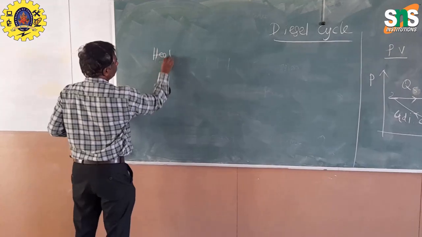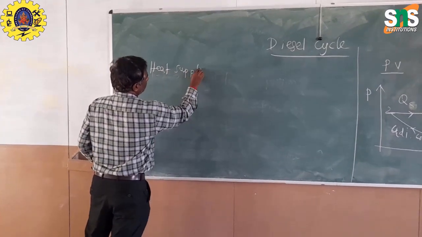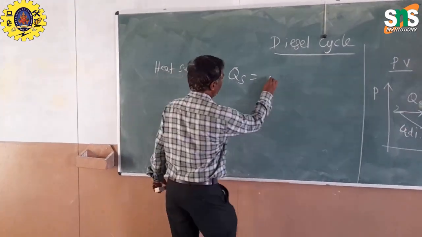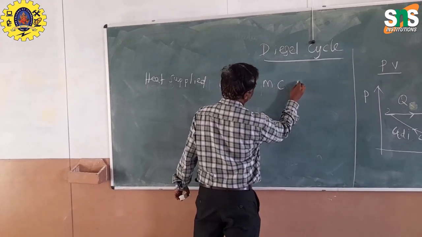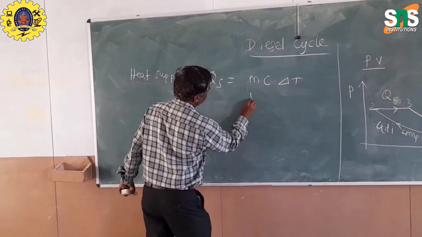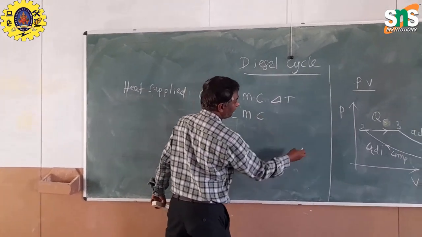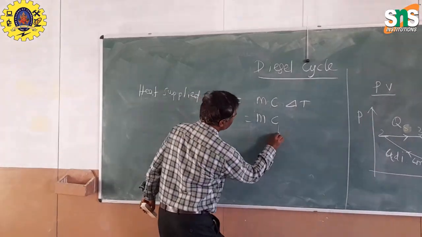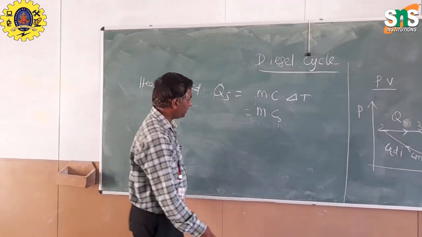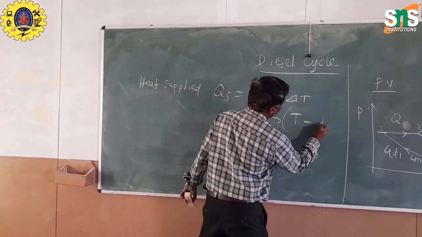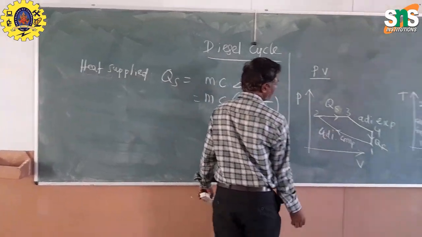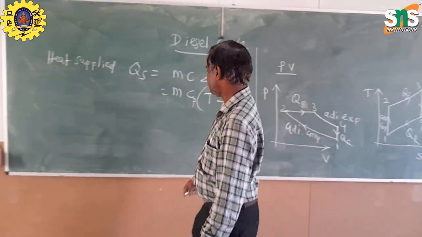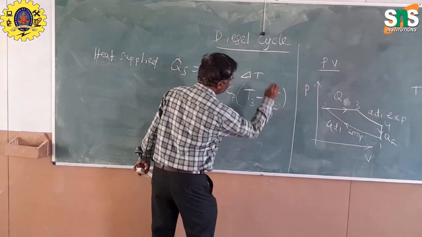So heat supply, which is Qs, can be written as m c into delta T. During the heat supply process the pressure is maintained constant, so the specific heat is Cp and the temperature difference is T3 minus T2, which should be a positive value. This is Qs.